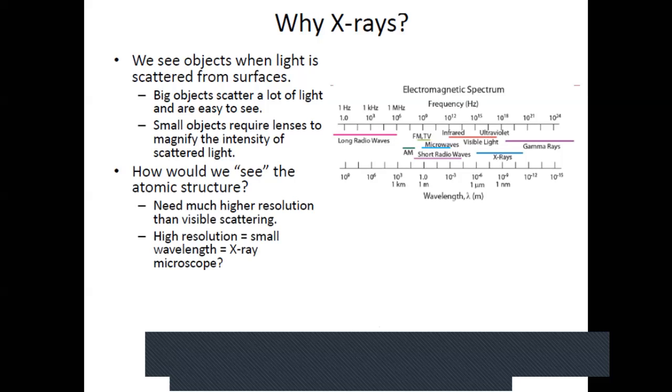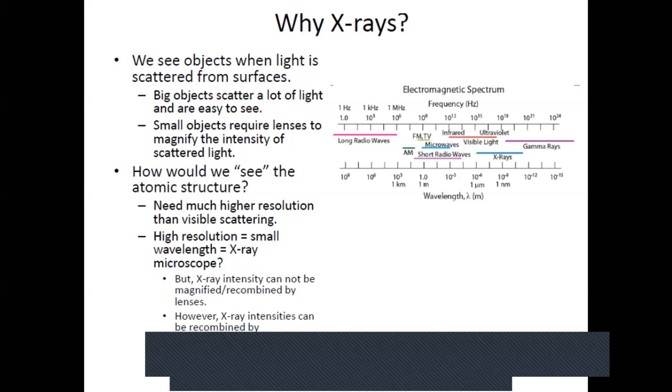And so when we use X-rays, you can kind of think of it as a X-ray microscope. So we're using X-rays to see what's beneath the surface of the crystal. Just like with a microscope, you use light to see what's inside the specimen of the frog or what's inside cells. So you can kind of think of it as a X-ray microscope.